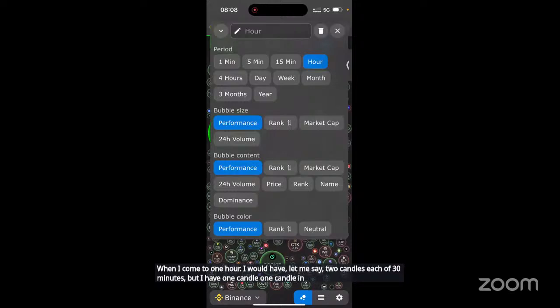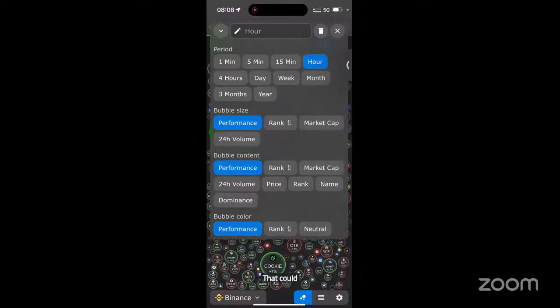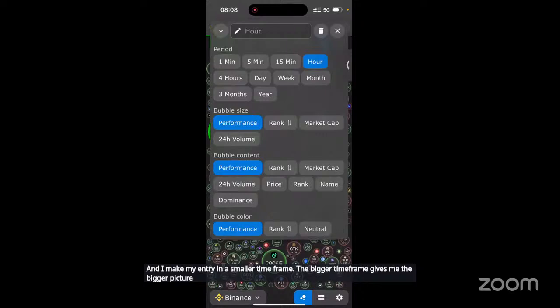So if I want to enter the market earlier, I will go to 15 minutes because I will have more candles that make up 1 hour. So I look at the market in 1 hour and I make my entry in a smaller time frame. The bigger time frame gives me the bigger picture, and I make my entry in a smaller one to make money.